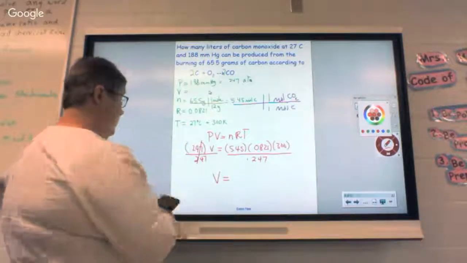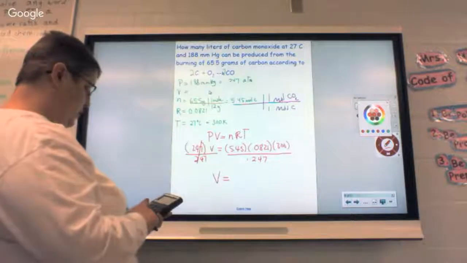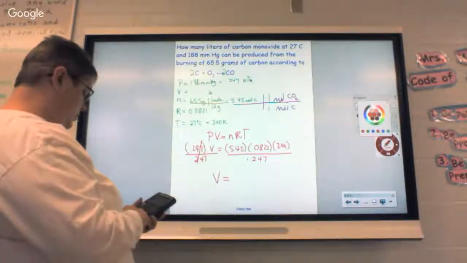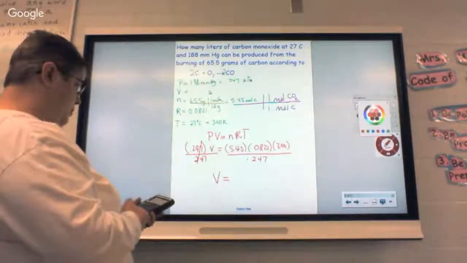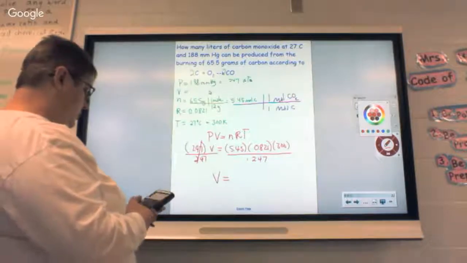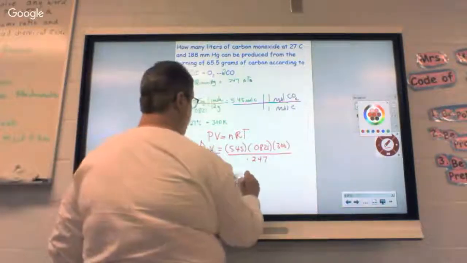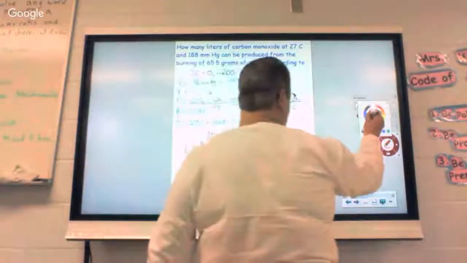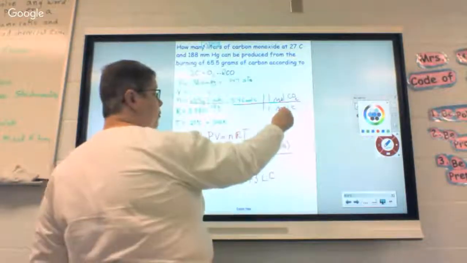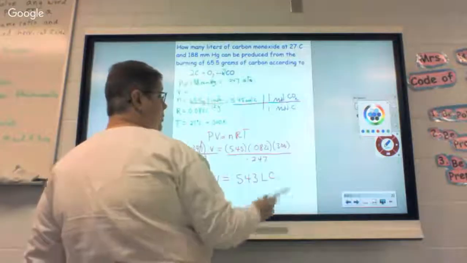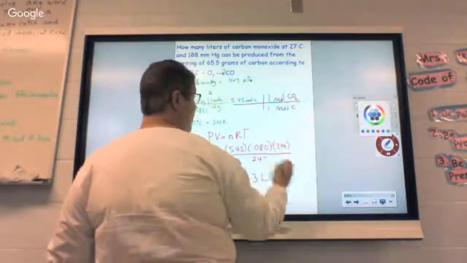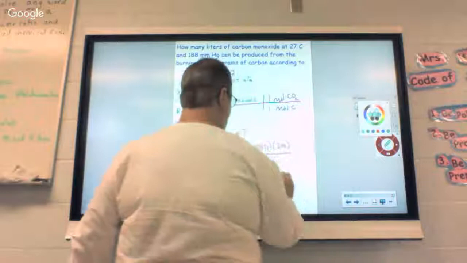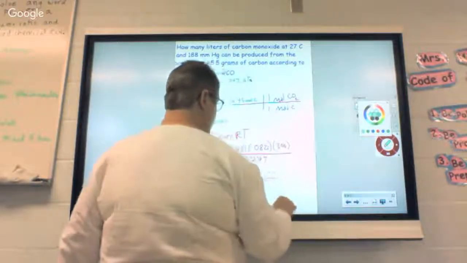Wrong place. I get 543 liters of carbon. Now, if I had done the purple, I'd be finished. But since I did not, and I used the green, I have to go a little different.